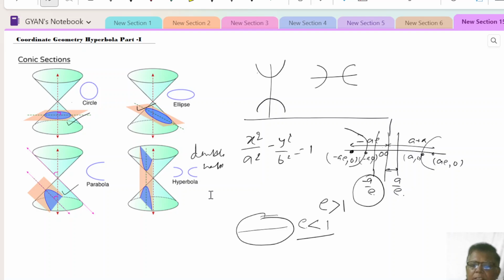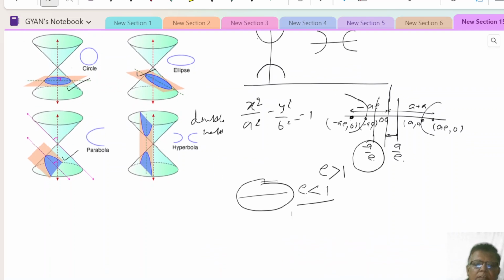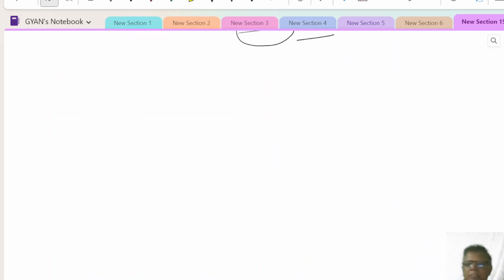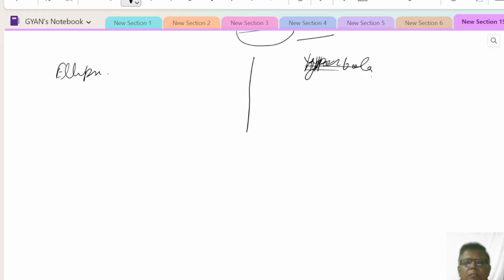So what is the difference between the ellipse and the hyperbola? That we'll see. So this is the ellipse and this is the hyperbola. The first equation here: x square by a square plus y square by b square is equal to 1.